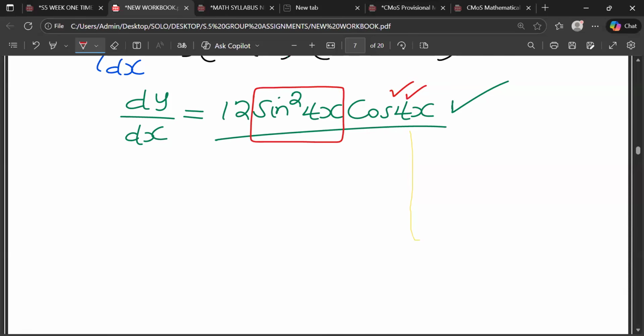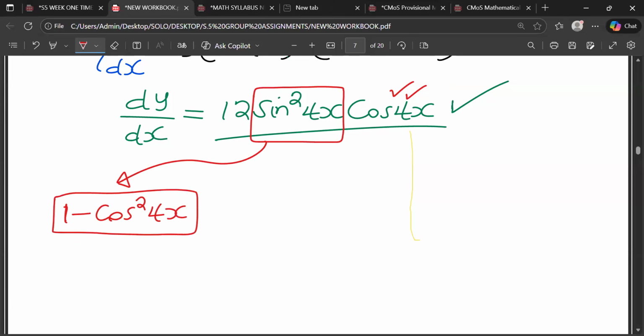If I may ask people, are people aware that that thing is the same as 1 minus cos squared x? Are people aware? I'm going to put here a lot of things. Then you tell me whether you are aware. Are you aware that that one that I've circled is the same as that? Then you listen.